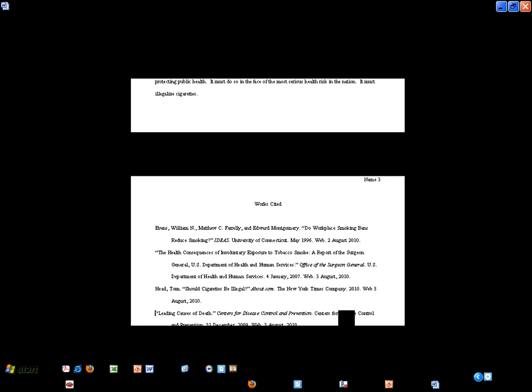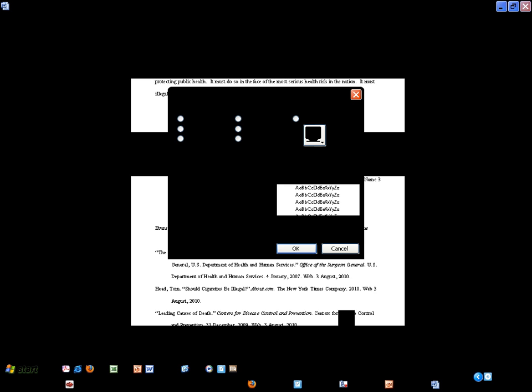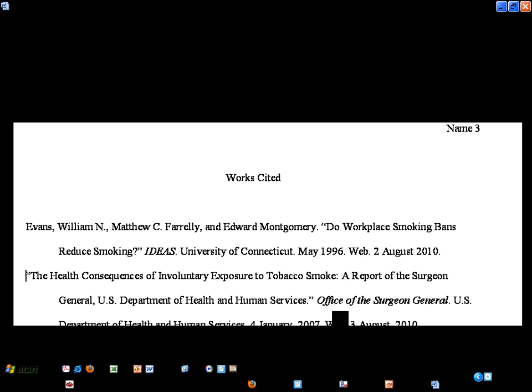What order are the pieces in? Why is the first one first, the second one second? Alphabetical order. Why is T after E?